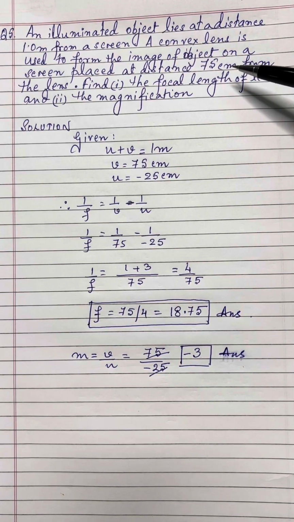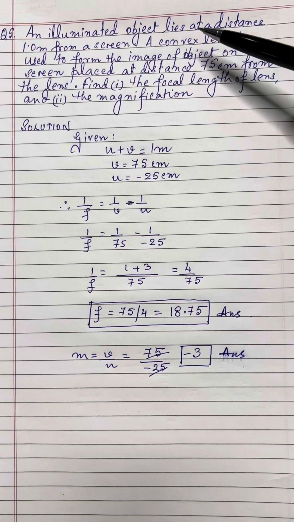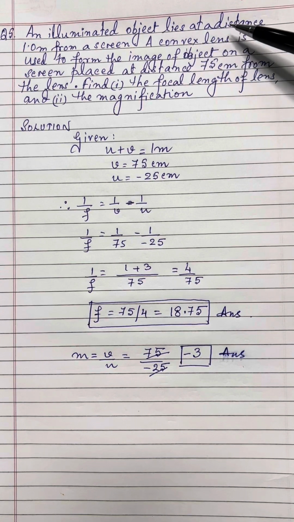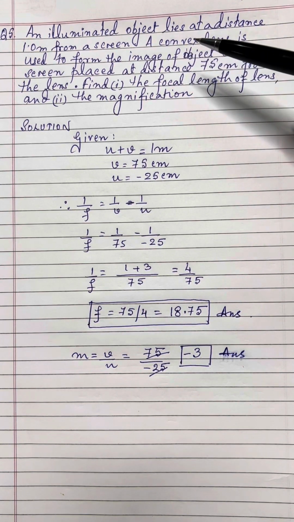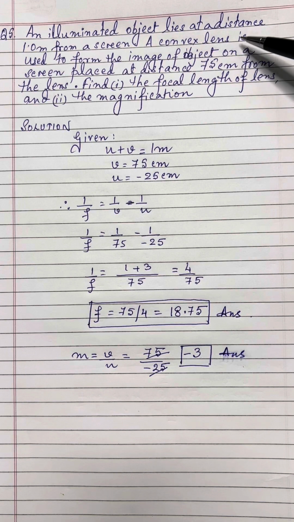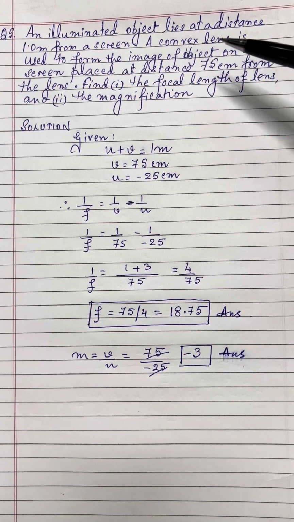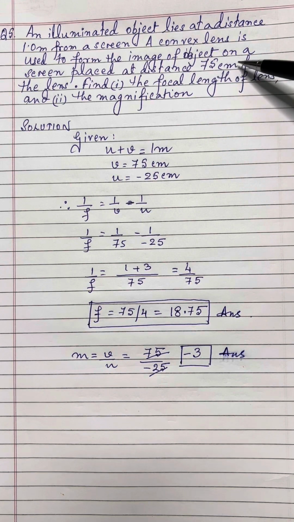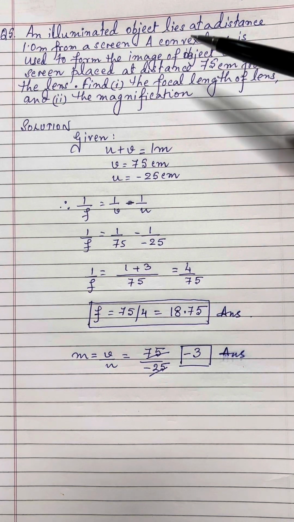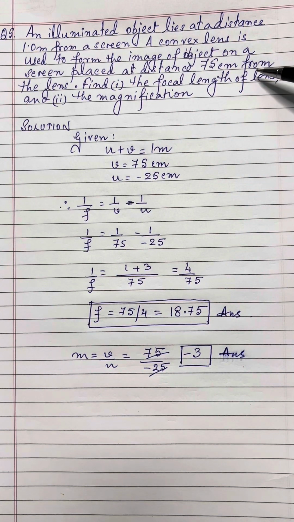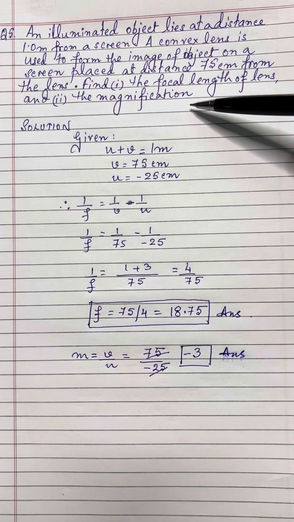Dear students, this is question number 5. An illuminated object lies at a distance 1 meter from a screen. A convex lens is used to form the image of the object on a screen placed at a distance 75 centimeter from the lens. Find the focal length of the lens and the magnification.